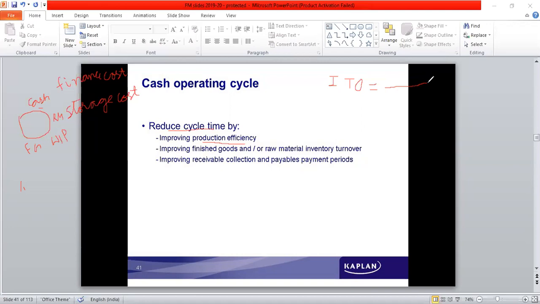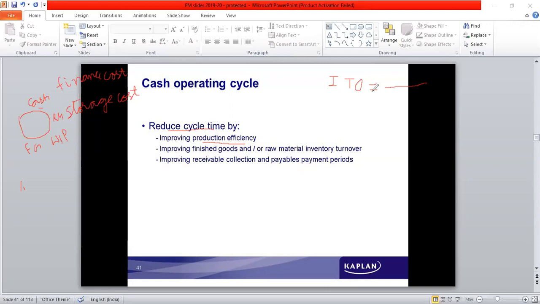That is 365 days. When we are taking into consideration 365 days divided by the inventory turnover ratio, it talks about what is the inventory holding period. First part of it is only the turnover ratio. Inventory turnover ratio is one way to remember: all turnover ratios indicate the efficiency, whether they are efficient enough to convert that particular investment into that variable, whatever the variable is, if it is inventory, if it is receivables, if it is assets, fixed assets, current assets, no matter what, all turnover ratios talk about the efficiency.